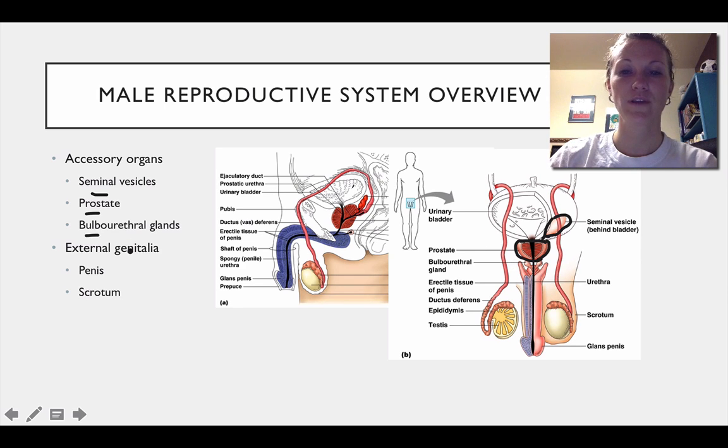The bulbourethral glands are right here, just below the prostate, and they help secrete some fluids to change the pH and to clean the urethra before ejaculation. The external genitalia includes the penis, which is this blue structure right here, and also the scrotum, which is collectively this whole area right there.